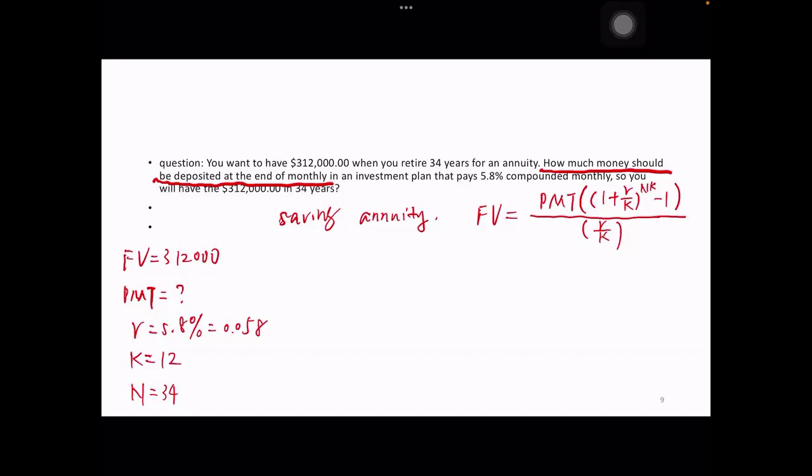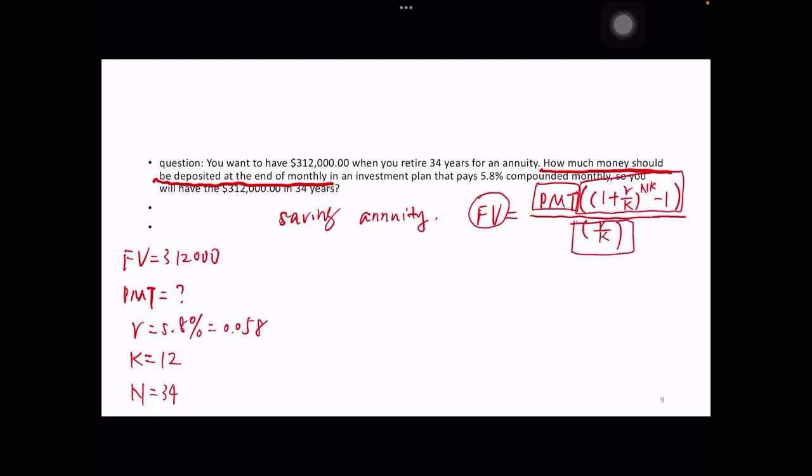Now the problem is the left-hand side of this equation is future value, and we're solving for the payment. So we have to derive a new formula for the payment. How to do that? If you notice, this formula is payment multiplied by this divided by this.